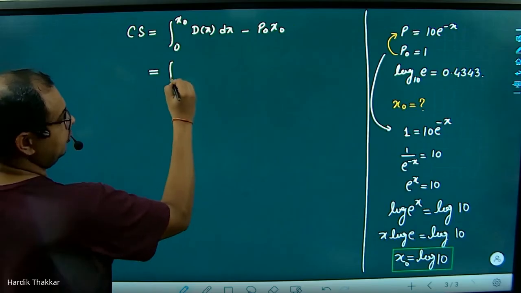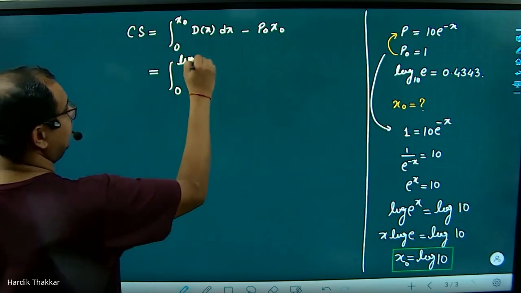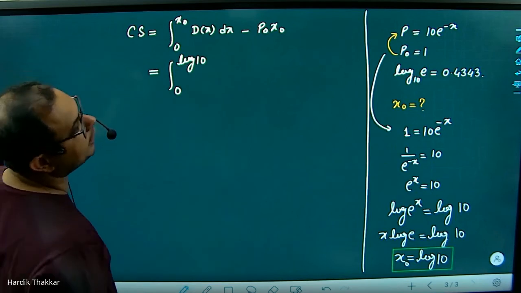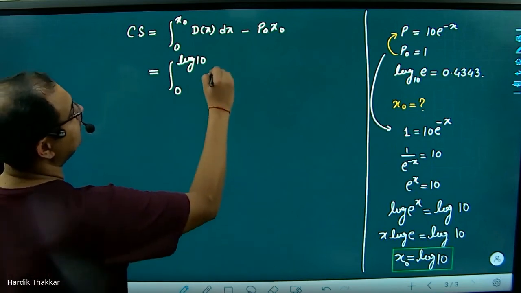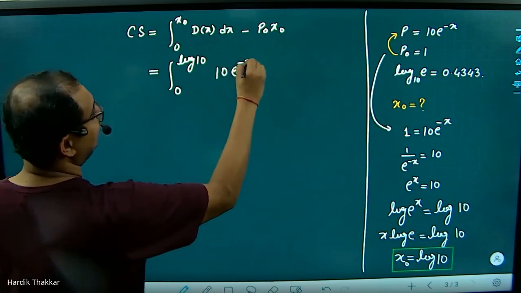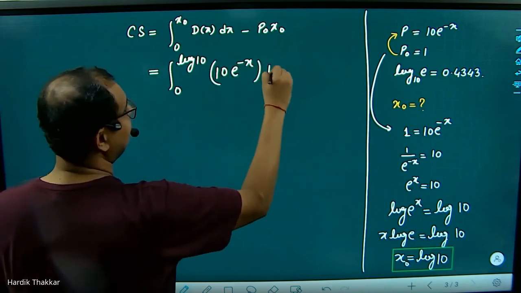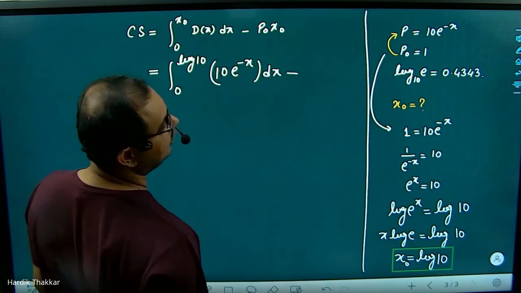Yes, sir. 0 to log 10, d of x is 10 e raised to power minus x dx minus p naught into x naught.